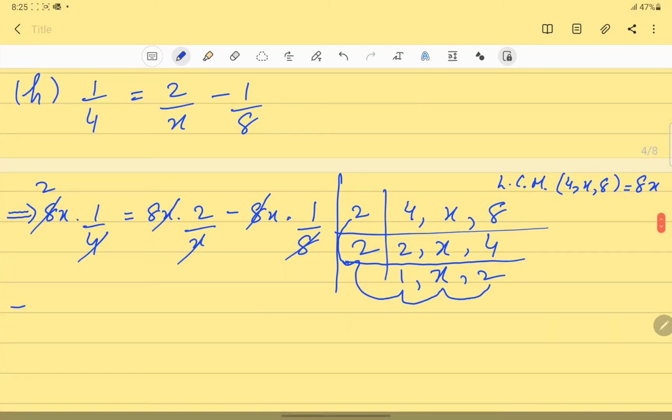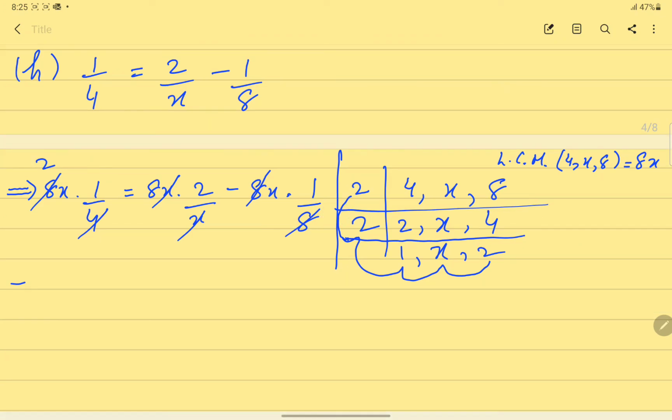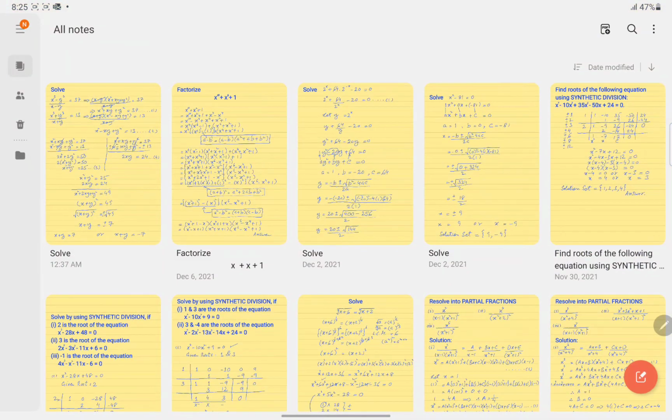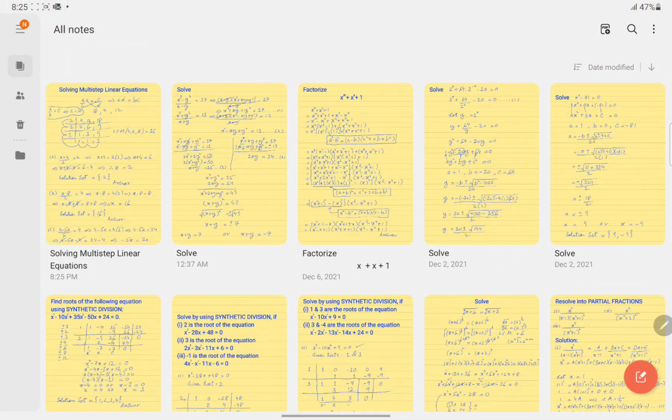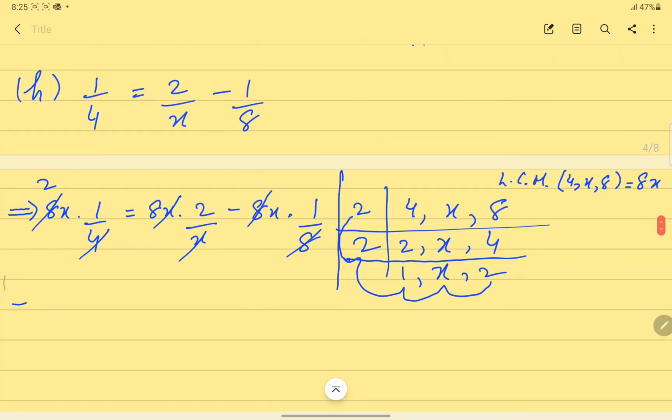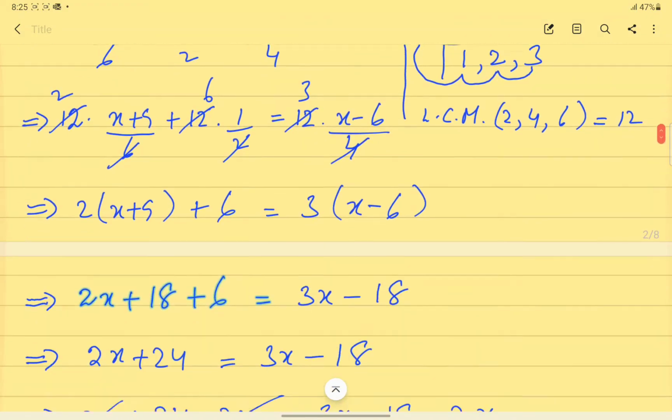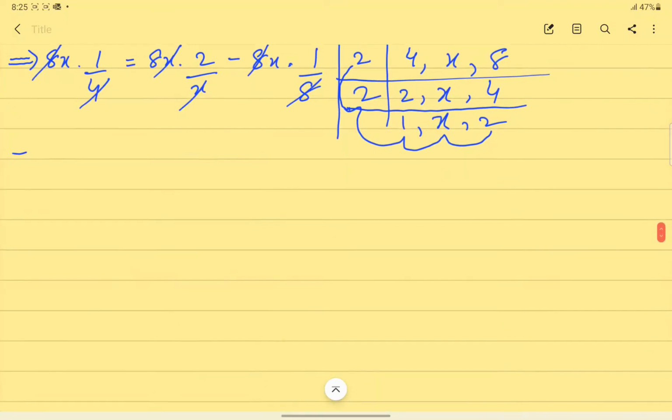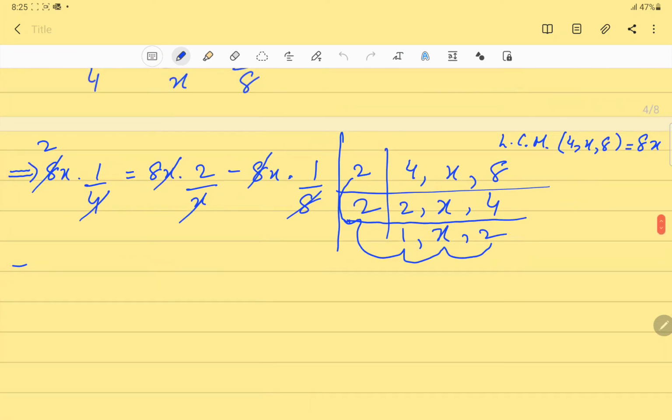So we are left with 2x is equal to 8 multiplied by 2 is 16, minus x multiplied by 1 is x.